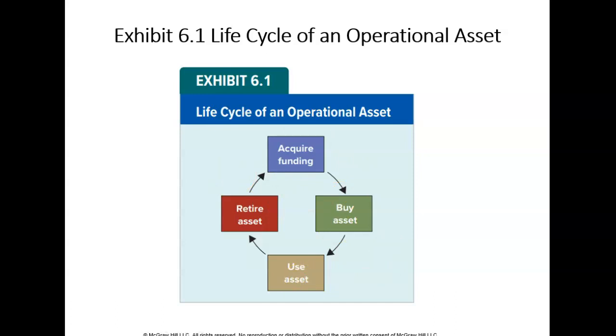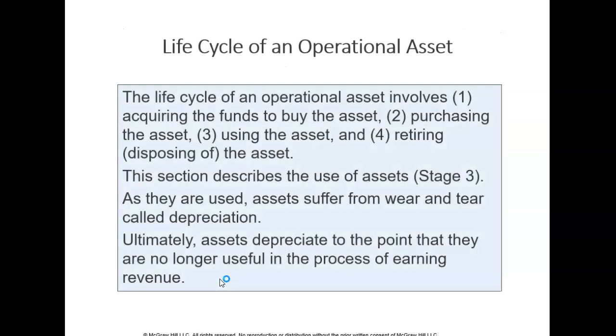And at some point in time, once the asset has been what we call used up, we're going to retire the asset. So again, first we need some money, then we'll buy the asset, then we'll use the asset, and next we're going to retire the asset.